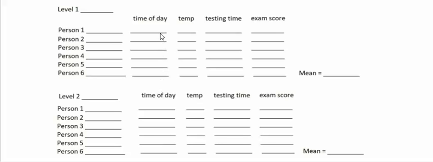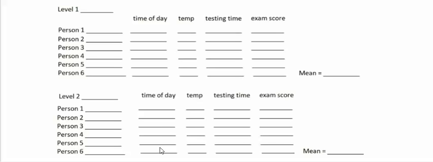So if group 1 was half 10 and half 12, and group 2 was also half 10, half 12, that would be balanced. So if it was 10, 10, 10, 12, 12, 12, and 10, 10, 10, 12, 12, 12, that's balanced.